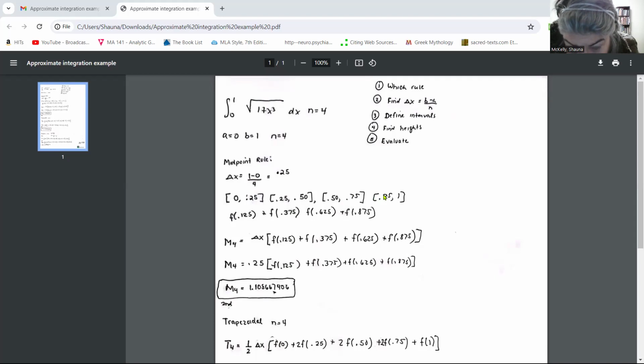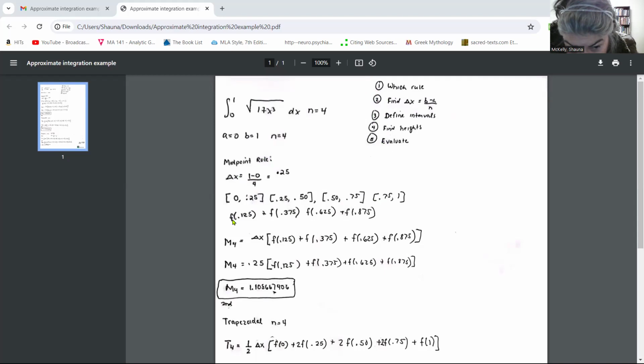Now, my heights, if you look at this little checklist I have for you to follow, which rule are we using? We're using the midpoint rule. We found our delta x, which means we had to identify a, b, and n. We defined our interval, which is what I did right here for you. We then find the heights.